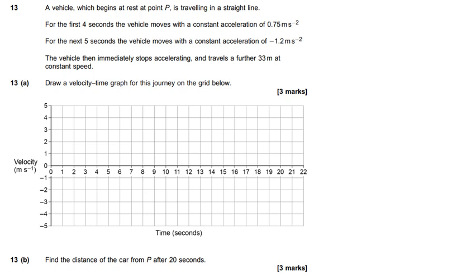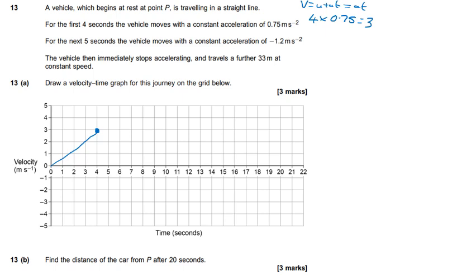So first of all, if it accelerates for 4 seconds at that rate, then the final speed afterwards is going to be, we've got v equals u plus at. It's starting from rest, so that's just a times t. So that's 4 times 0.75, which is 3. So after 4 seconds, it's going to be moving at 3, and it's accelerating steadily. So it's going to go up like that to 3.